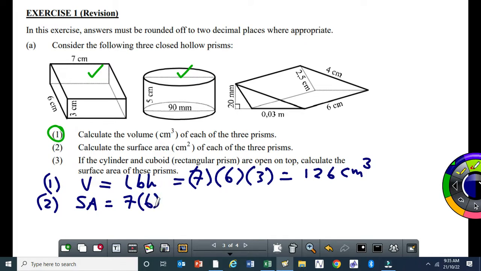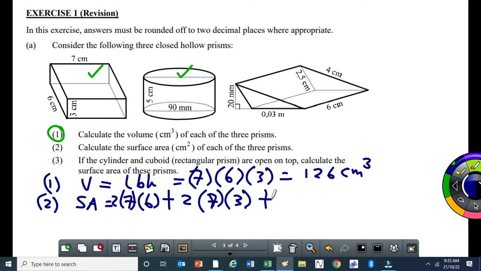But there are 2 of them, so I can put a 2 there at the beginning. Plus another 2 times, so I consider the top and the bottom. Then let's consider the face which is facing us. The length there is going to be 7, the breadth is going to be 3. Plus.